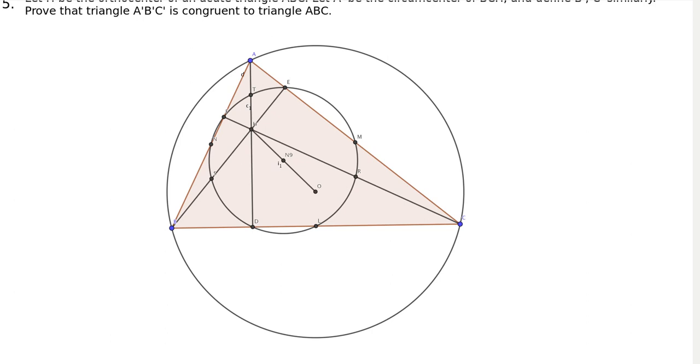So let's consider constructing one of these circumcenters. I'm so off with this, but to construct a circumcenter is to construct the perpendicular bisectors of each side.